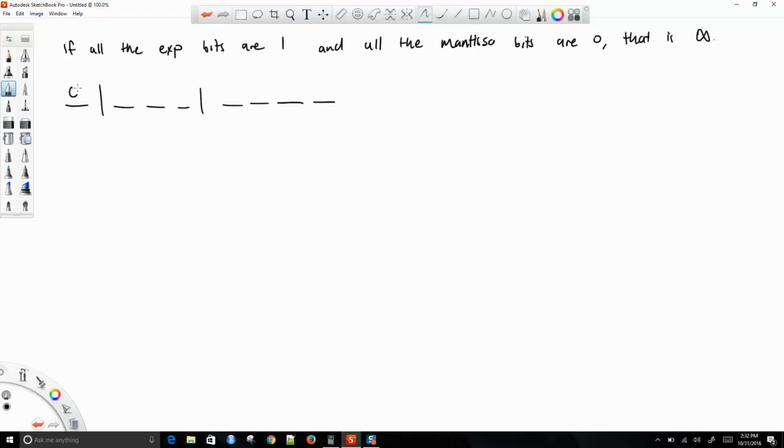If you have 0 and then 1, 1, 1, 0, 0, 0, 0, this is positive infinity. And if you have a 1 here with 1, 1, 1 and 0, 0, 0, 0, this is negative infinity.